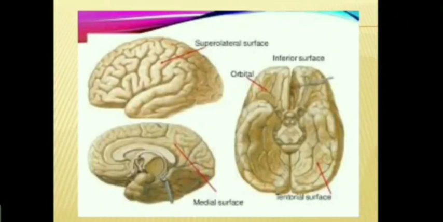Surfaces of the cerebral hemisphere: it has three surfaces, the supralateral surface, medial surface, and inferior surface. When you see laterally, you can see the supralateral surface, and when you cut the cerebral hemispheres, you can see the medial surface, and when you look from the base, you can see the inferior surface.